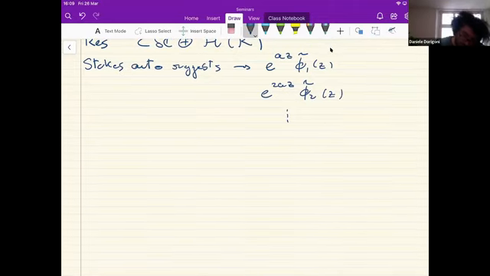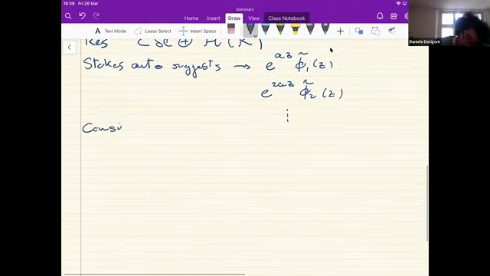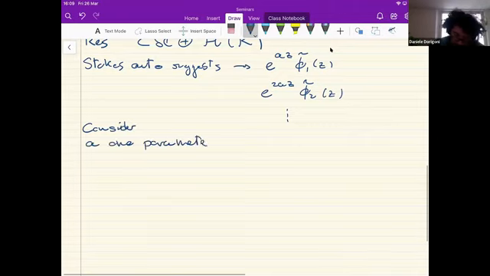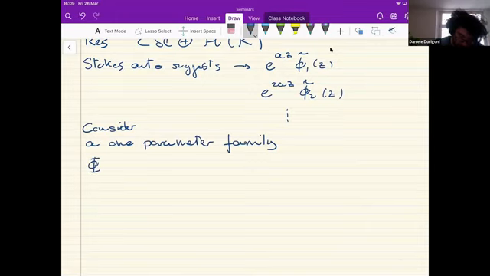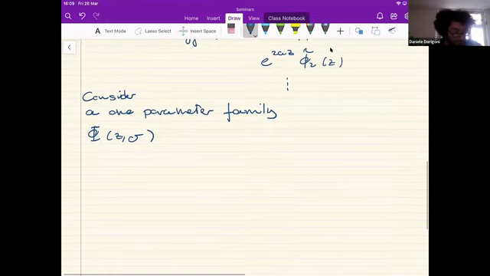So we can consider what is called a one-parameter family of the following form. Sigma is what I'm going to be calling the trans-series parameter.